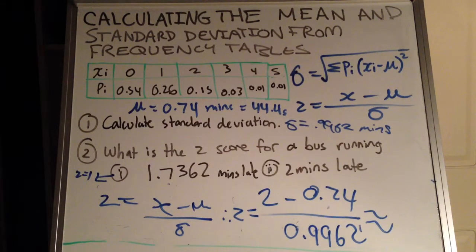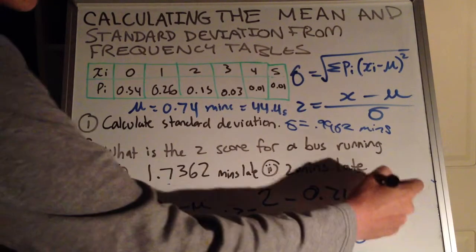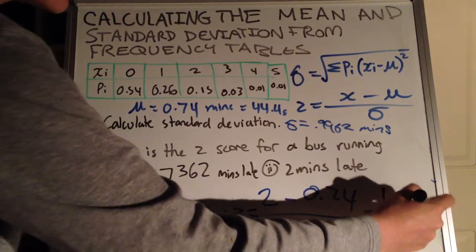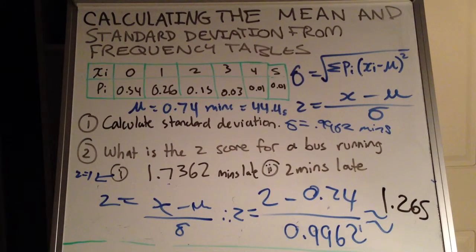So we get a result of 1.265. So the z-score is 1.265, which means it is 1.265 standard deviations to the right of the mean because it's positive.